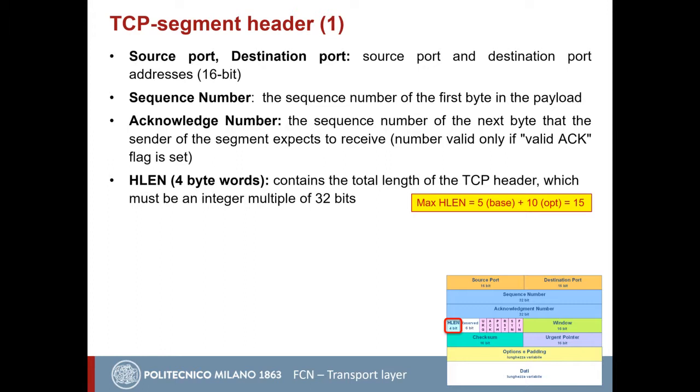The maximum value of header length is 15 because we use only 4 bits. So we can go up to 15, but 15 means 5 plus 10 rows of 32 bits. So in total, 20 plus 40, 60 bytes. Okay.